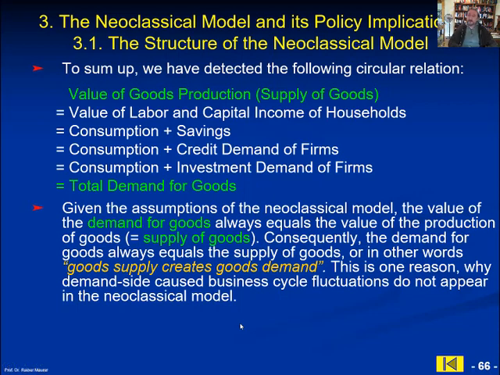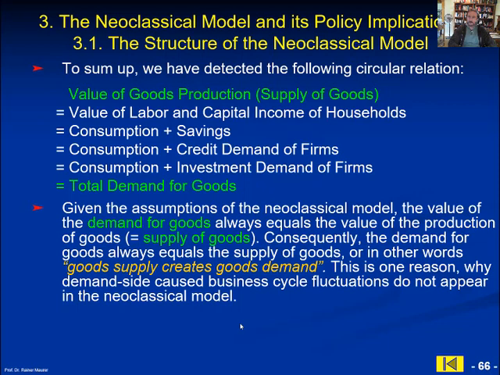Now, this means that given the assumptions of the neoclassical model, the value of the demand for goods always equals the value of the production of goods. Consequently, the demand for goods always equals the supply of goods. In other words, goods supply creates its own demand via the income that is created by goods supply.